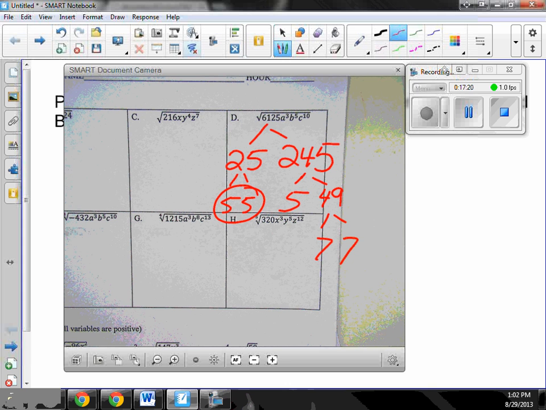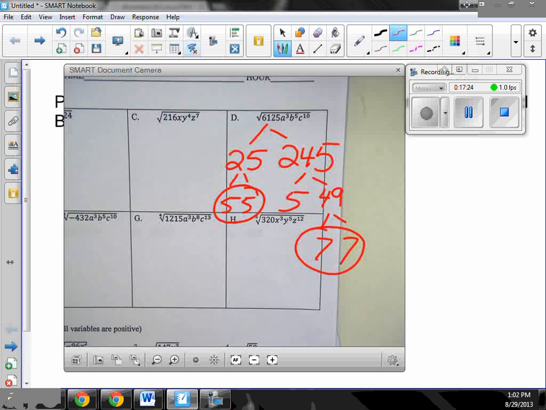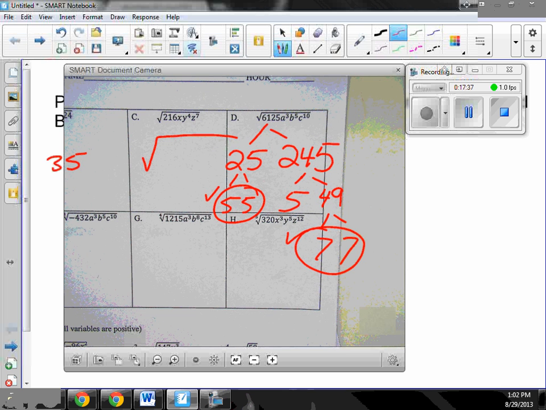So I'm pulling out a 25. What's my perfect square there? I'm pulling out a 49. And the square root of 25 is 5. And the square root of 49 is 7. If I pull out a 5 and a 7, I get a 35. With what left on the inside? A 5.